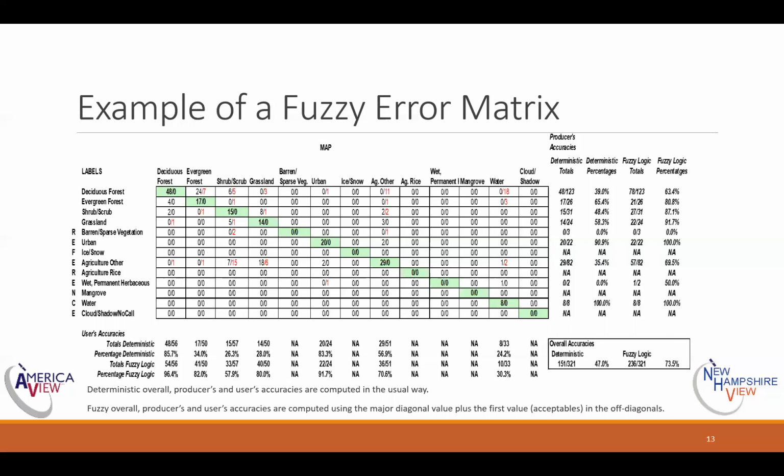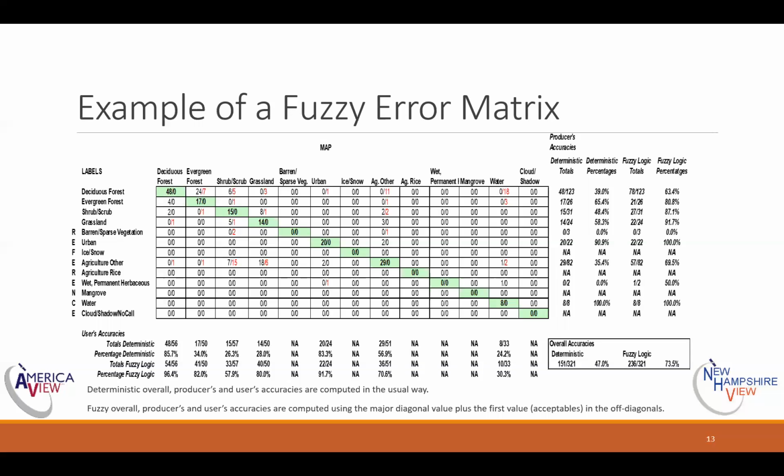But if you're going to do the fuzzy, you can see that you're going to take the 4 from the evergreen forest. You're going to take the 2 from the scrub shrub. You're not going to take that 1 from the grassland because that's an unacceptable. You're not going to take the 1 from agriculture other because that's an unacceptable. So you have 48 plus 4 plus 2, so 54 divided by 56, or a fuzzy accuracy of 96.4%.